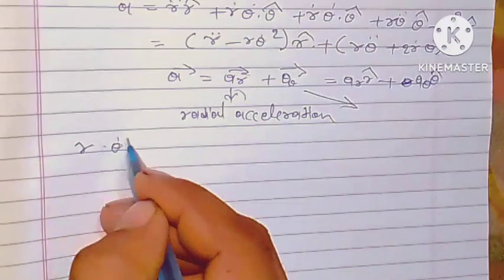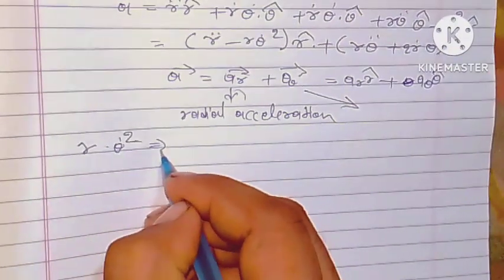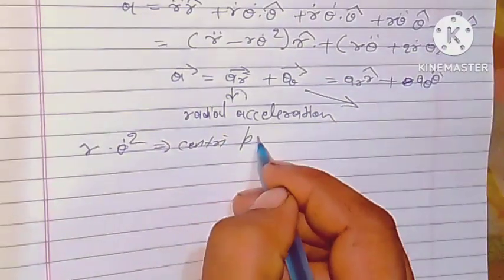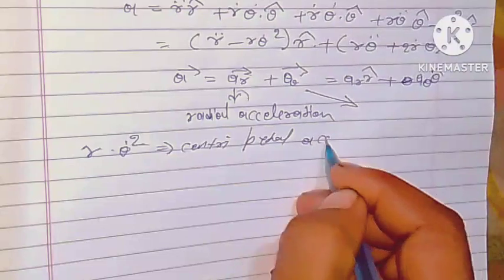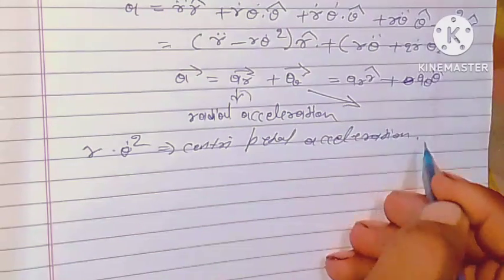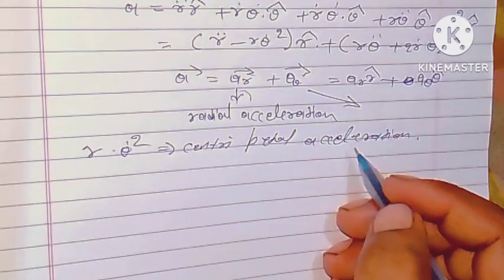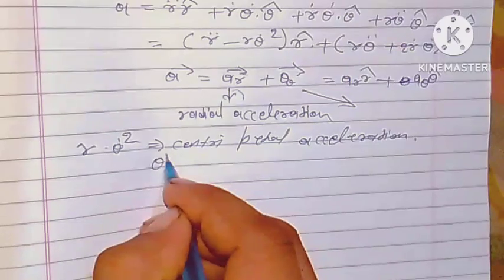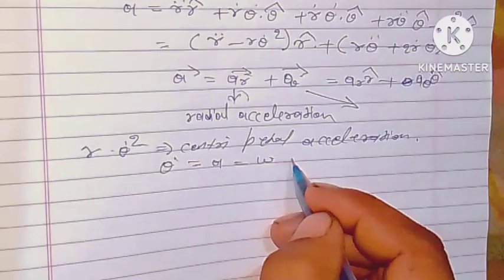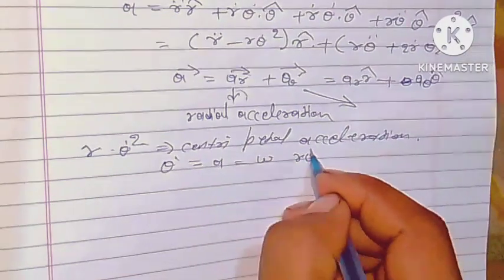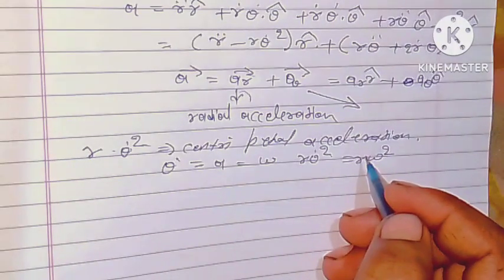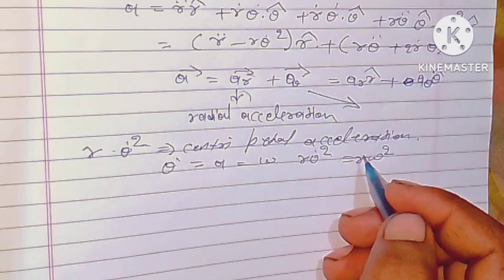Where, if the derivative of theta is constant, equal to omega, then r derivative of theta square equals r omega square. Due to the change in theta, it has a negative sign as it is directed towards the center.